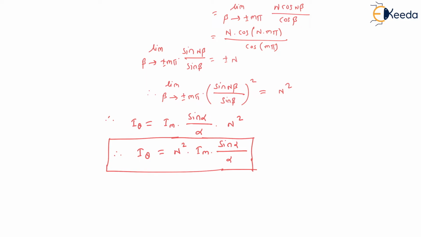No doubt, this I theta will increase as n increases. So when the number of slits increases, the maximum intensity will also increase. This is the intensity of principal maxima.